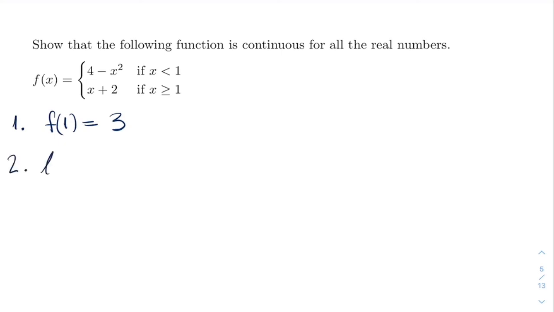Secondly, we need to check that the limit when x goes to 1 of f exists. So to do so, remember, we need to compute the two one-sided limits, the one from the left and the one from the right.